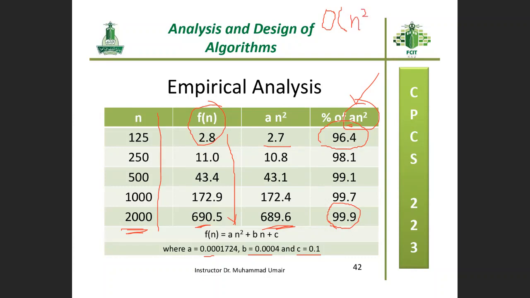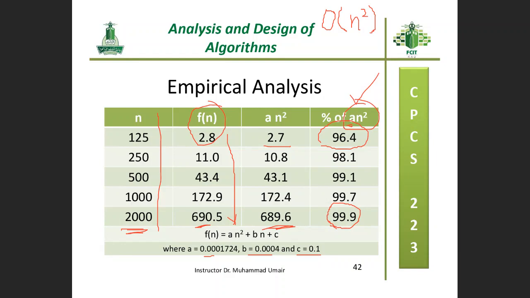So whether you perform the mathematical analysis or the empirical analysis like this as I have explained, both will give you the same result. It doesn't matter whether you analyze it empirically or theoretically. Is that clear?